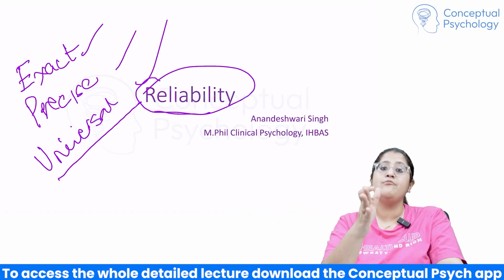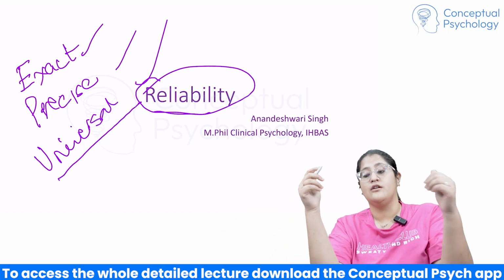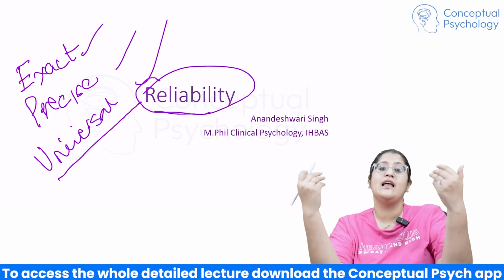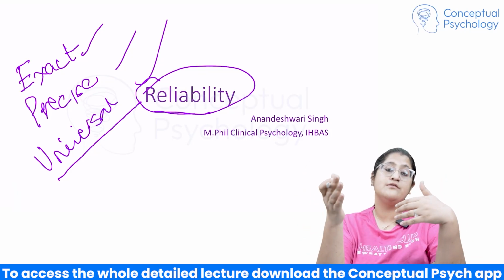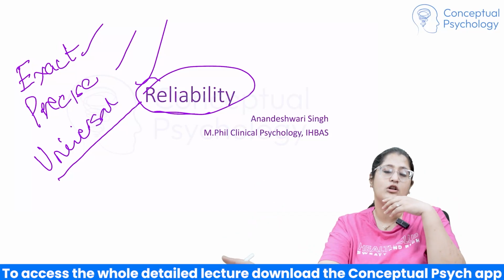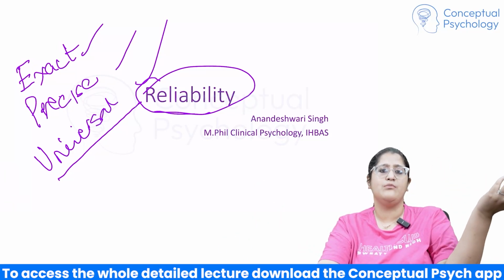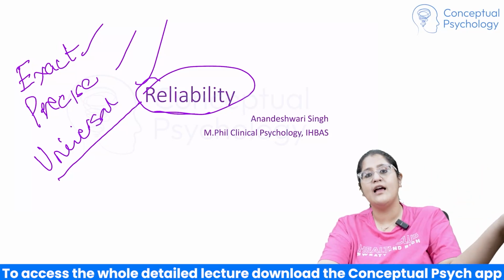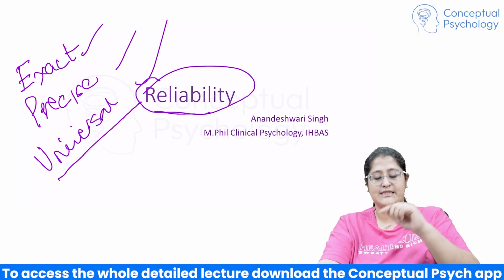It is the same thing for tests. A shortcut to remember what reliability is, and to not get confused with the other aspects of psychological testing, is to remember the literal meaning of reliability. Reliability means consistency, right? You judge reliability via consistency.